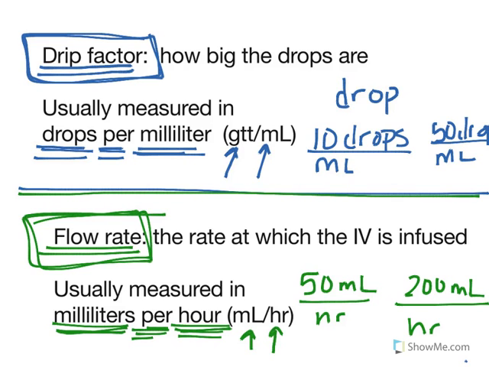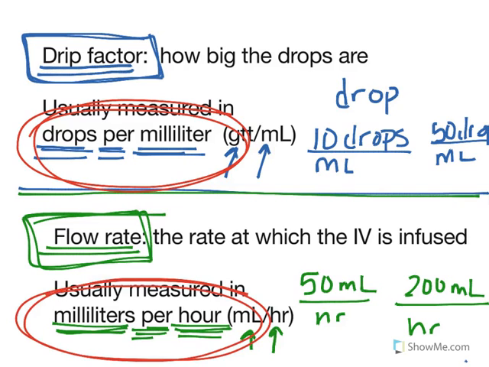If for some reason it doesn't state what units to give it in, please always default for drip factor, drops per milliliter, and for flow rate, milliliters per hour. Again, usually you'll get a reminder of this, but if you don't, these are standard units for use.